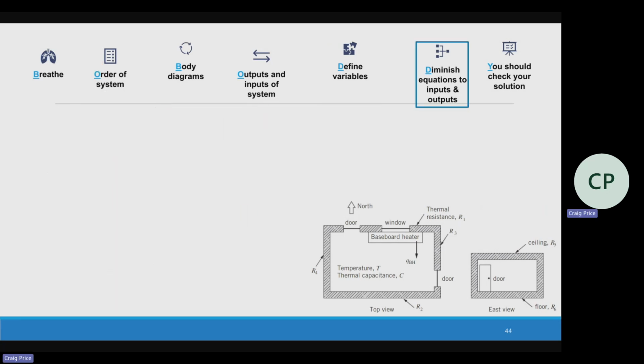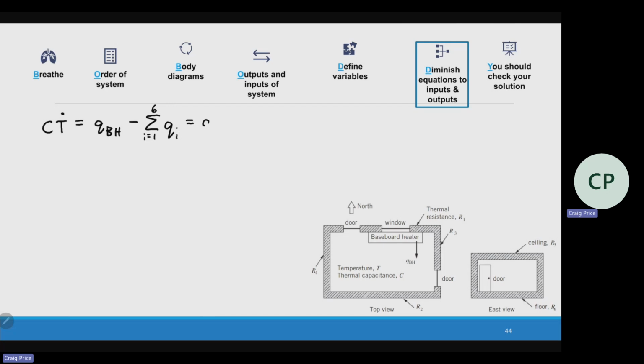Okay, so here we go. Here's our equation. Sum of Qin, which is just baseboard heater, minus the sum of all of the different heats. So we have 6 different heats right there.